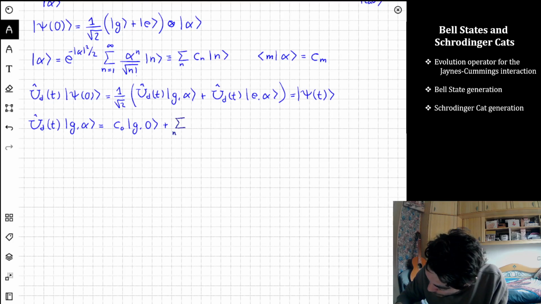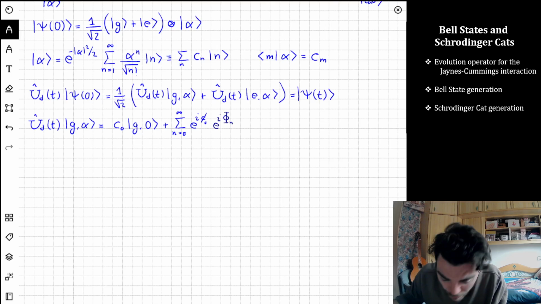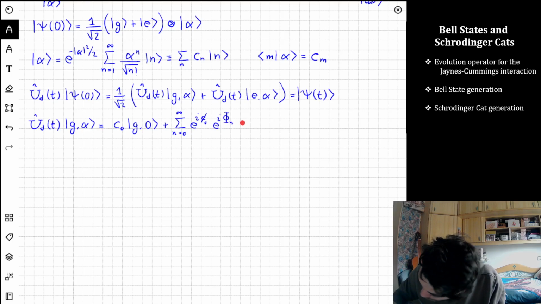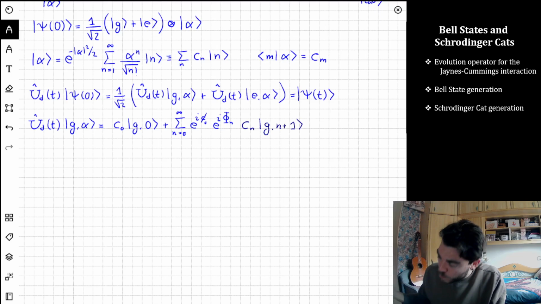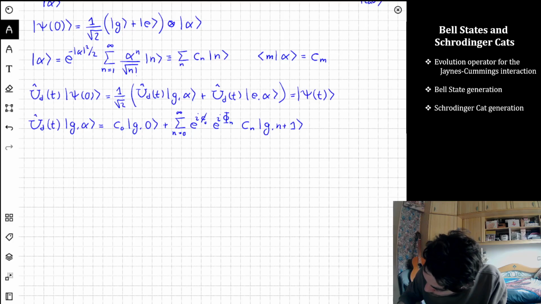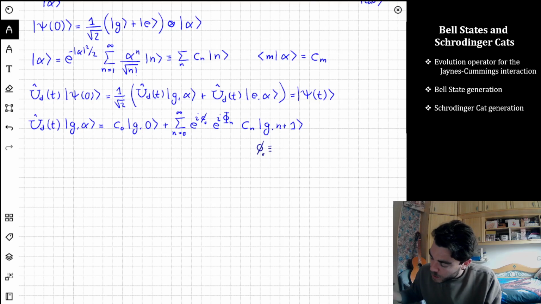Plus, and then we get the sum of n from 0 to infinity, and here we get what I called, and I will define it now, e to the phi_0 and e to the phi_n, and then C_n and then g, n plus 1. Now this phi_0 is just a definition.